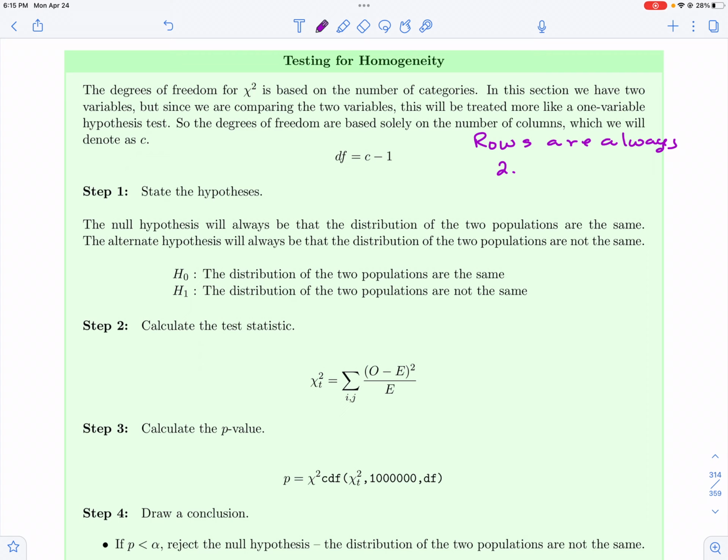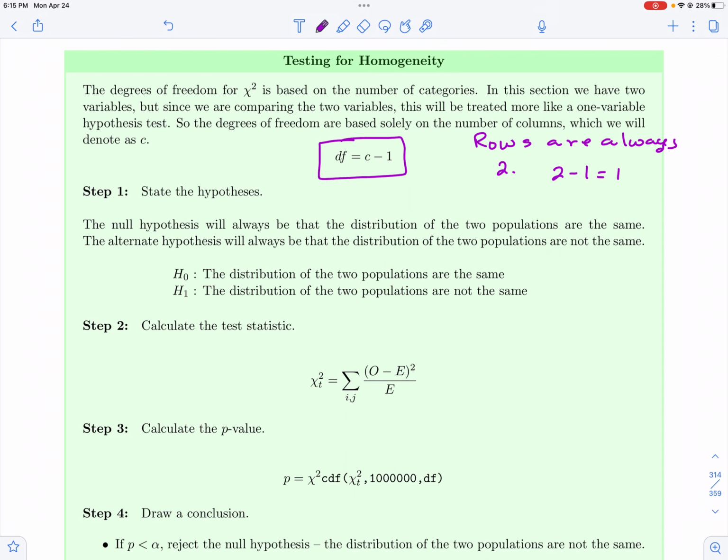So even though we're going to have a column of information, our rows are always going to be two. So because of that, when it comes to finding our degrees of freedom, it's just going to be our columns minus 1, because all of our rows are 2. When I do 2 minus 1, I'm just going to get 1, which is basically the same setup we were in the previous section.